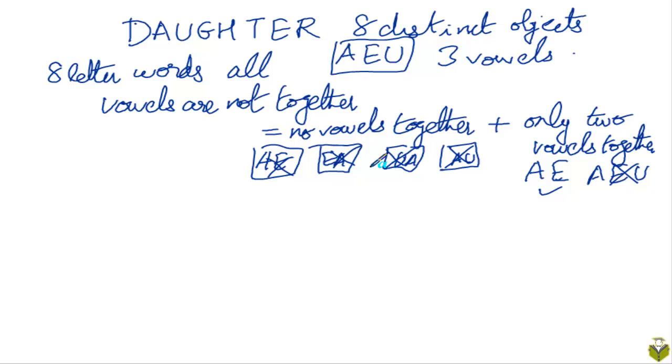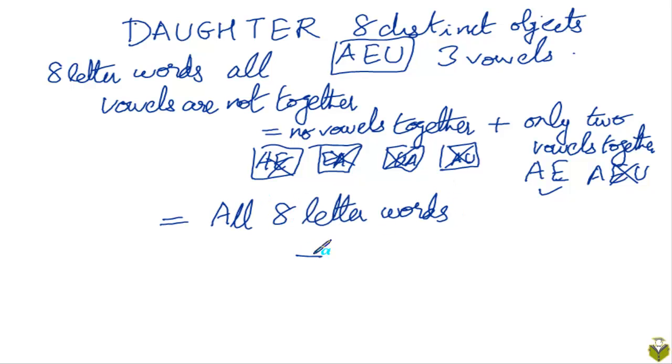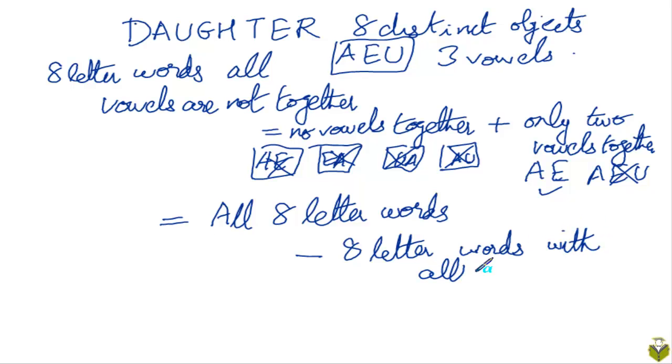But I gave you the hint that you should use the answer to the previous problem. And then you can just say that 8-letter words where all vowels are not together is equal to all 8-letter words minus 8-letter words with all vowels together, right?